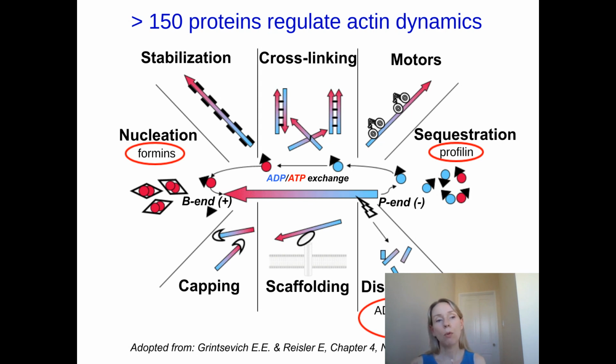However, binding of actin to profilin is very physiologically important because there are multiple actin regulators which evolved to bind the complexes of actin and profilin and utilize them to drive actin assembly. And I will discuss with you our most recent work which highlights how those mechanisms of actin assembly and disassembly crosstalk to each other.